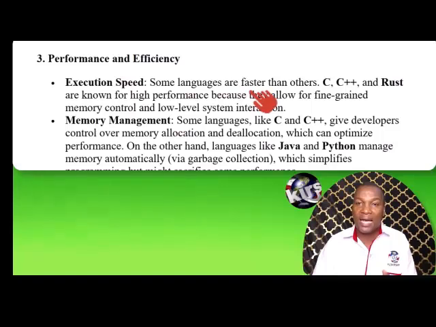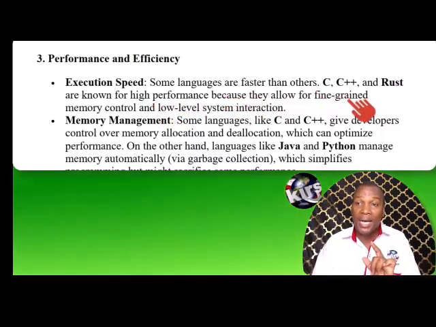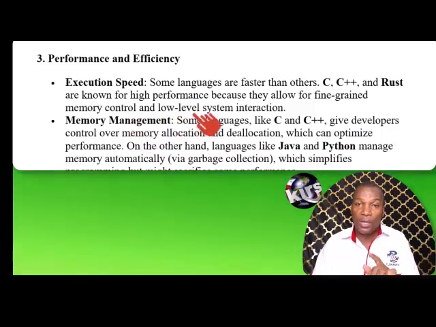Some languages are faster than others. C, C++, and Rust are known for high performance because they allow for fine-grained memory control and low-level system interaction. Then memory management is another thing. Some languages like C and C++ give developers control over memory allocation and deallocation, which can optimize performance.